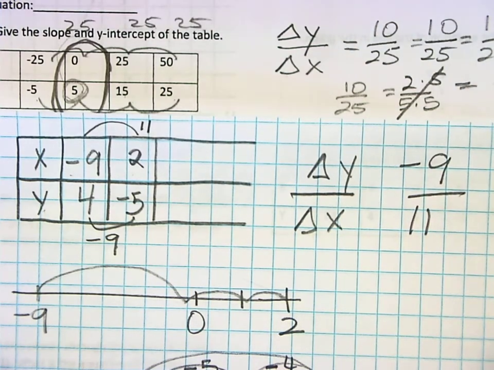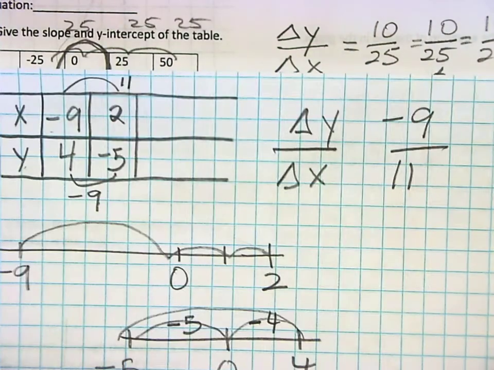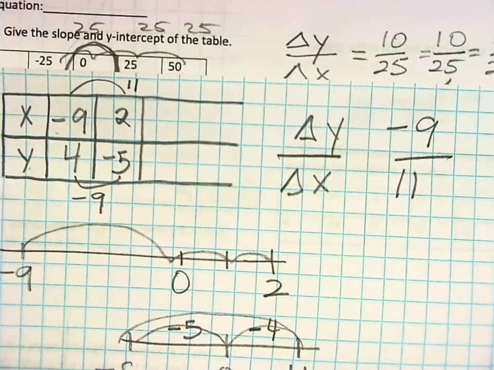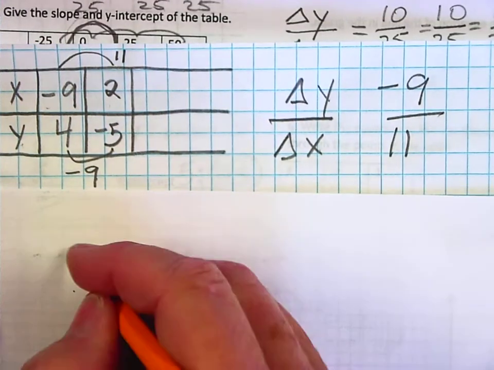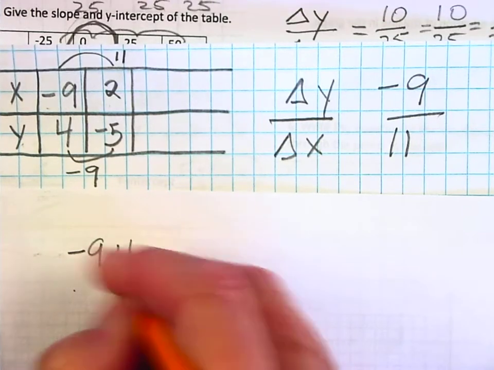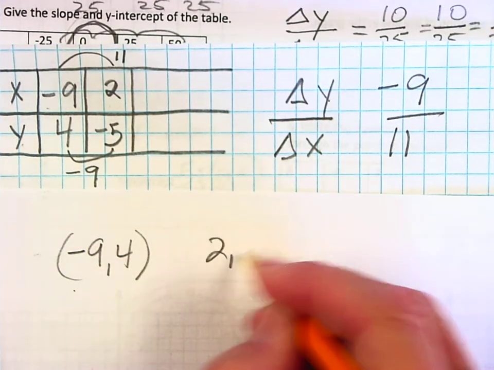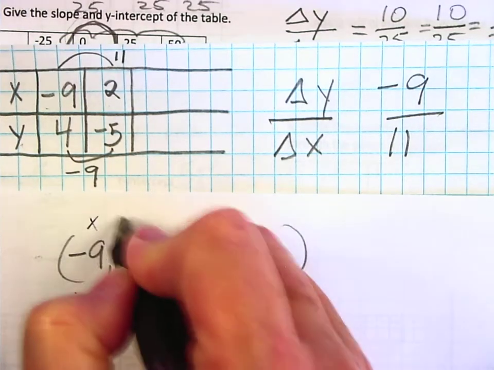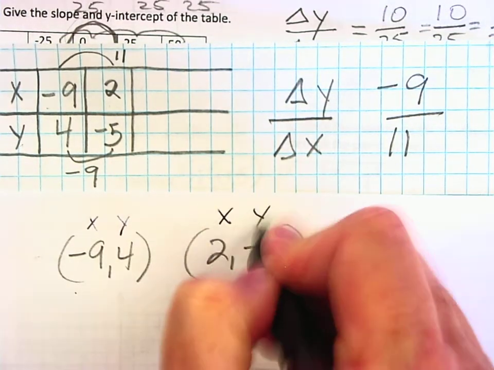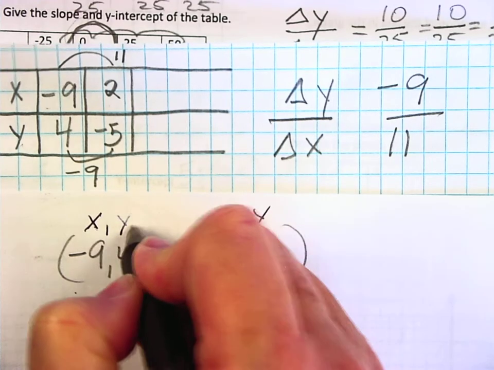And if you did it using the formula, then you would do, I have my 2 points, -9, 4, and 2, -5. This is x, this is y, this is x, this is y. We're going to call this point 1.